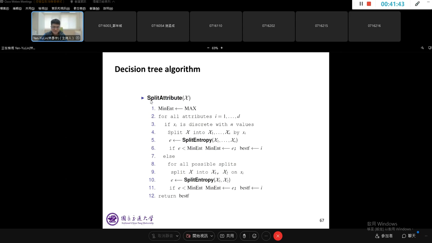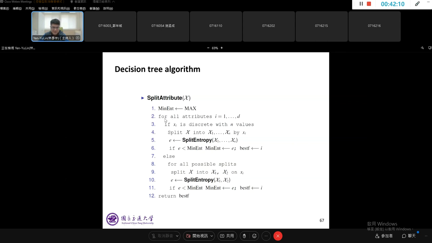I listed the function of split attribute here. Okay, our goal is to identify a split with the maximum information gain. So suppose a data point lies in a d-dimensional space. There are d features or d attributes.